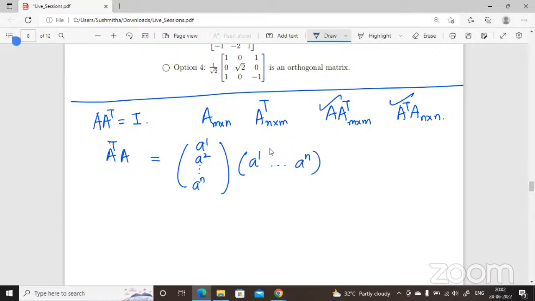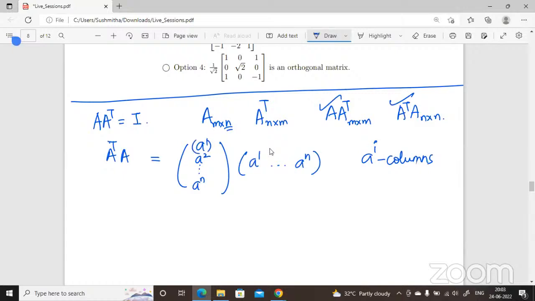Okay. A has n columns, right? So A transpose is going to have n rows. So let me write down the columns. A1 will be multiplied with A1, A2 will be multiplied with A2, right? What is A1? A1 is a column vector.